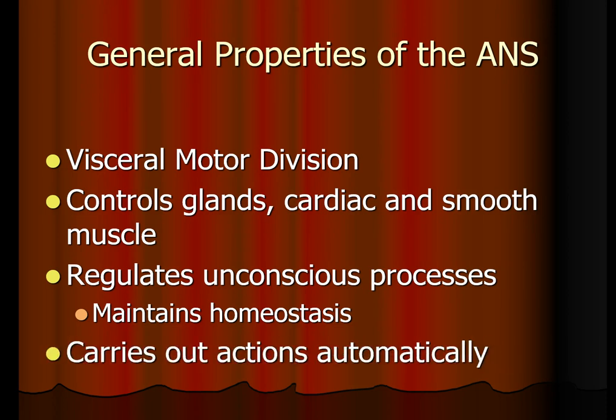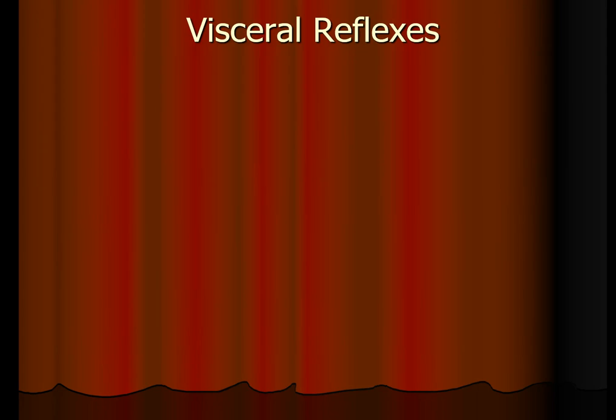Does it automatically. So we have also what are called visceral reflexes. It's really the same thing as a somatic reflex, except the end result. On a somatic reflex, the effector was skeletal muscle.